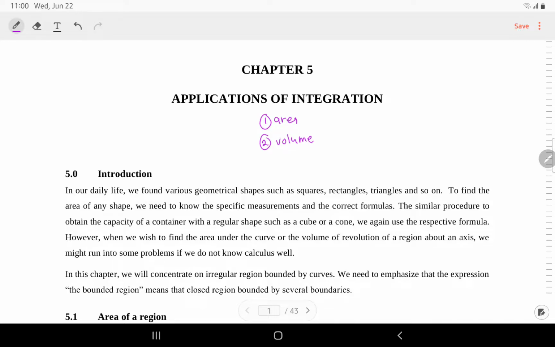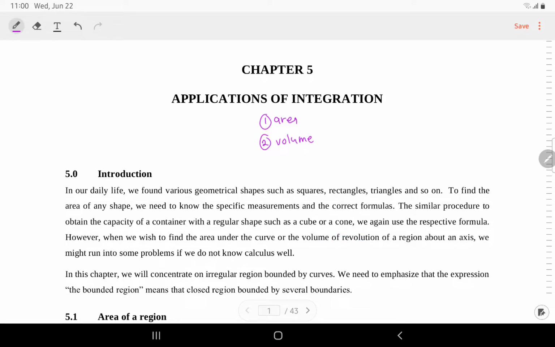In our daily life, we find various geometrical shapes such as squares, rectangles, triangles, and so on. To find the area of any shape, we need to know the specific measurements and the correct formula. The similar procedure applies to obtain the capacity of a container with a regular shape, such as a cube or cone: we again use the respective formula.